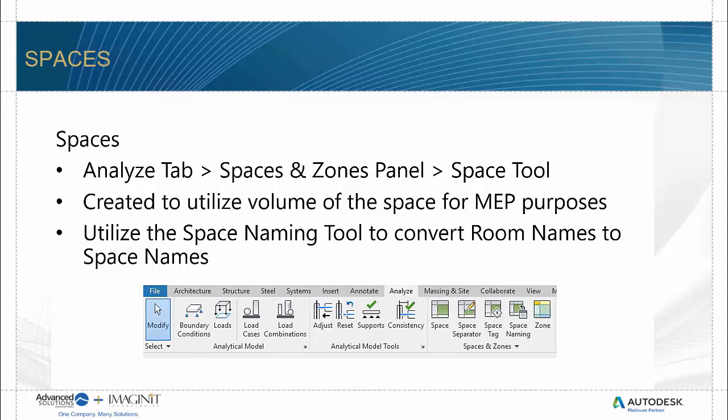Again, everything will be matched up and working from that aspect. So first step is getting those spaces in and utilizing everything that we have in our Analyze tab to get everything ready and prepared for what we need.